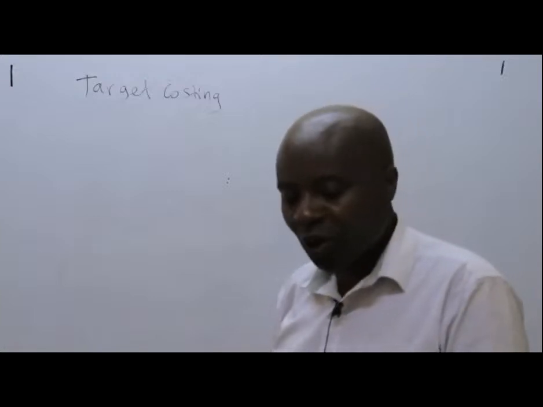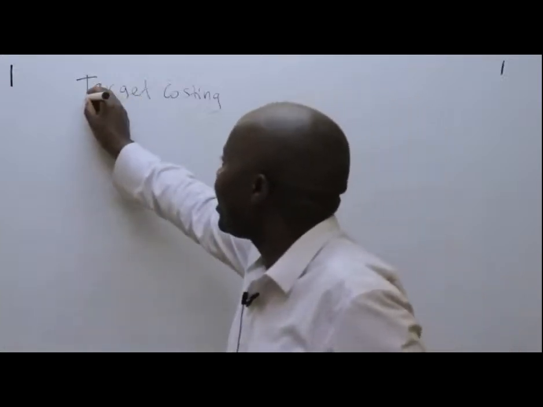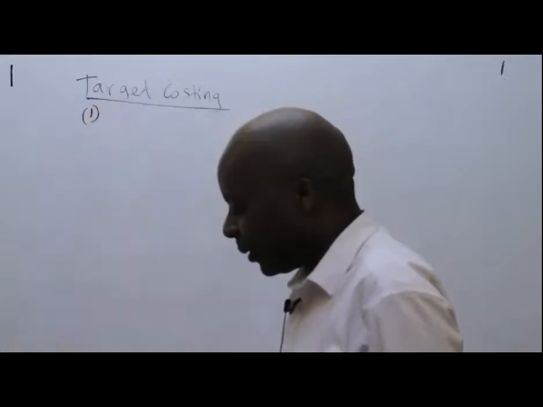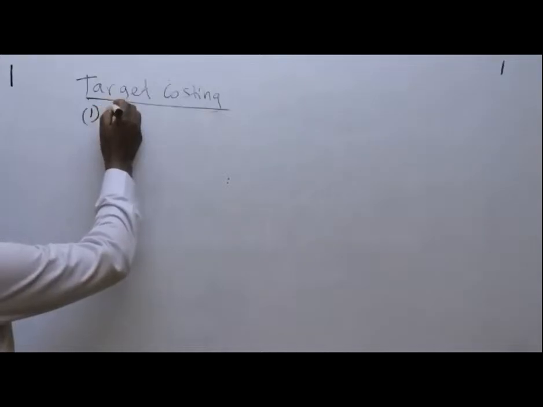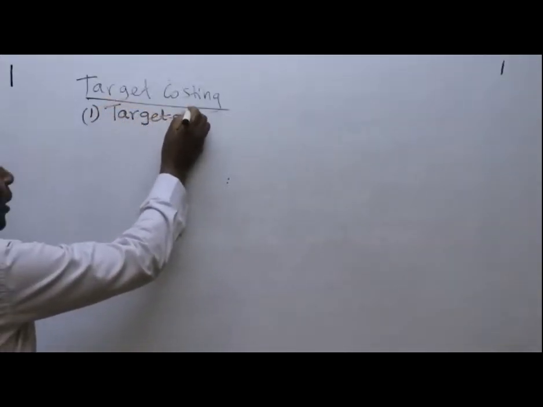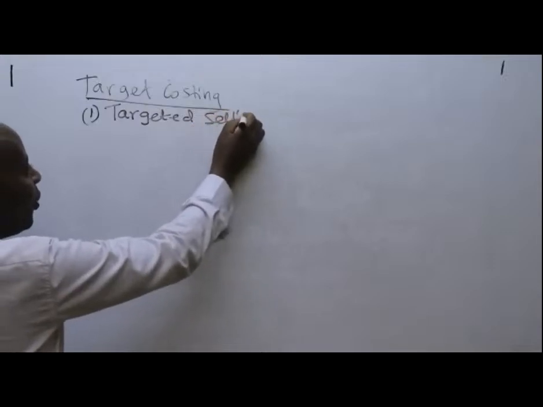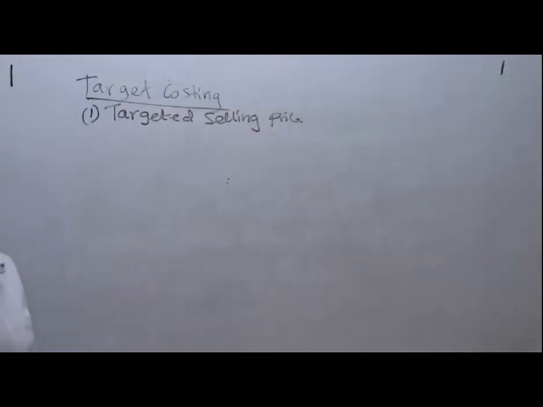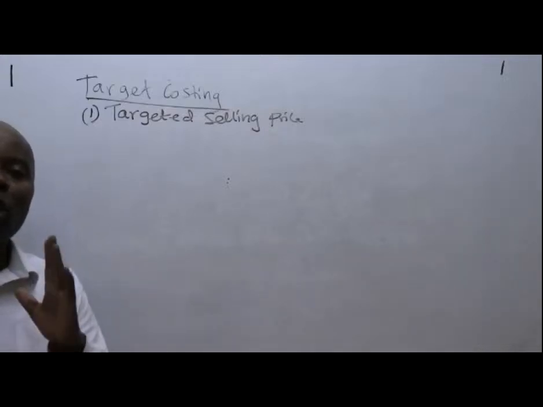So under target costing, step number one will be identification of the targeted selling price. So you go to your competitors to be.